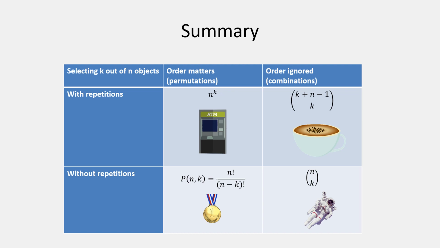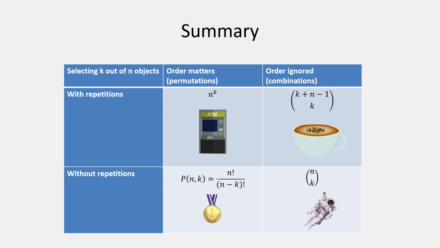So this is like our PIN number example. If order still matters, but we don't allow repetitions, it's our r permutations. So this is like selecting first, second, third place in a contest.